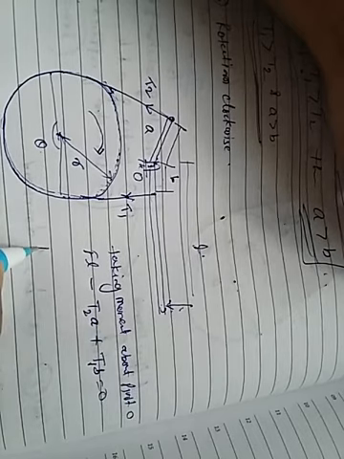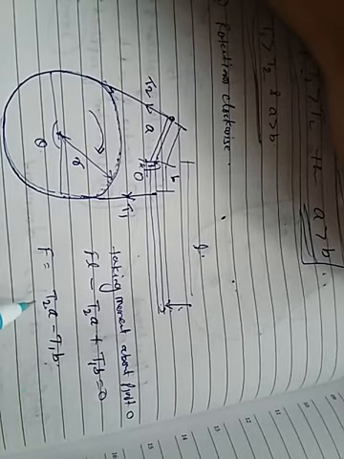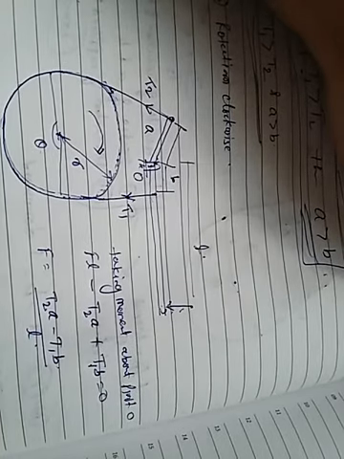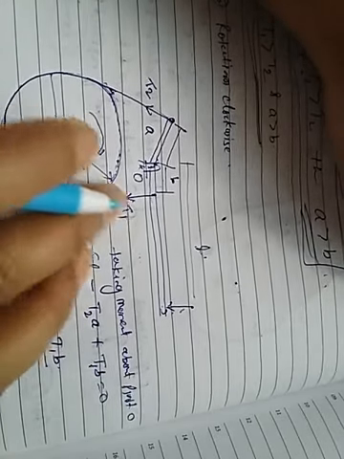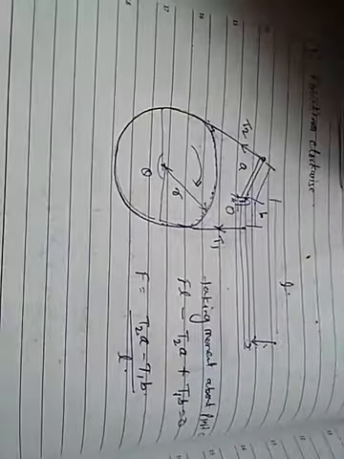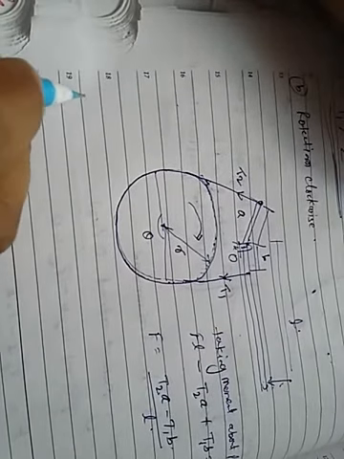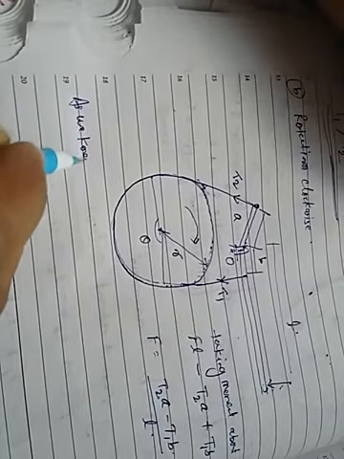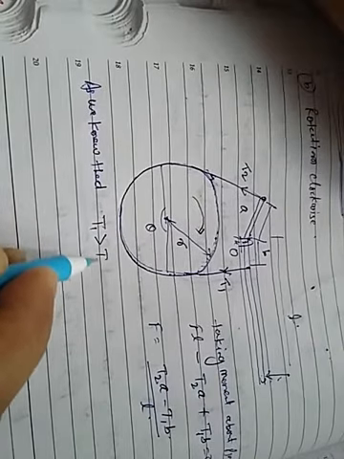So then the magnitude of F is T2 A minus T1 B by L. In this case, because we know that the tight side is always greater than the loose side, as we know that T1 is greater than T2.